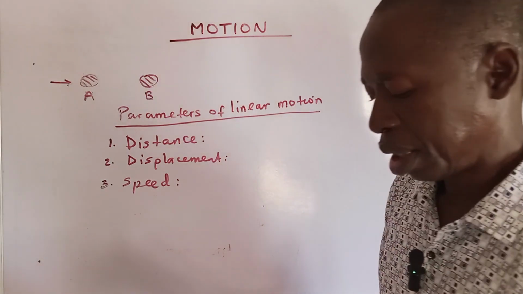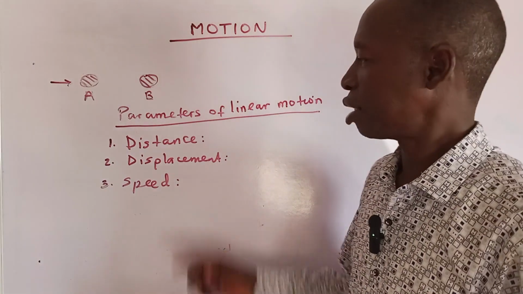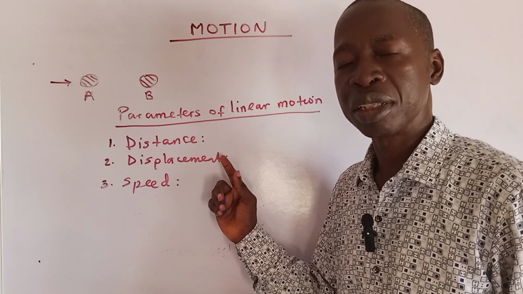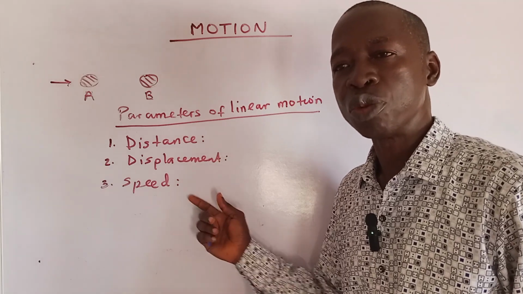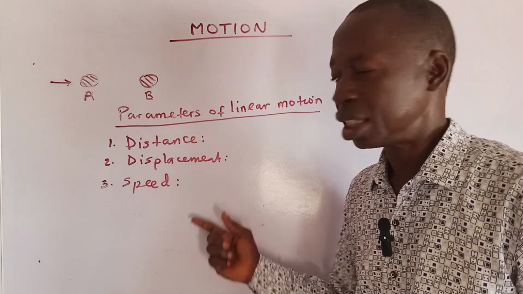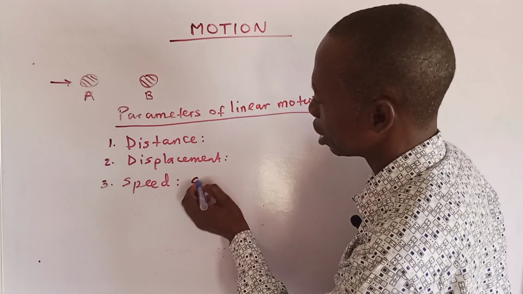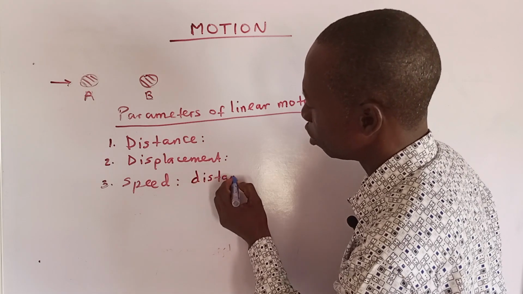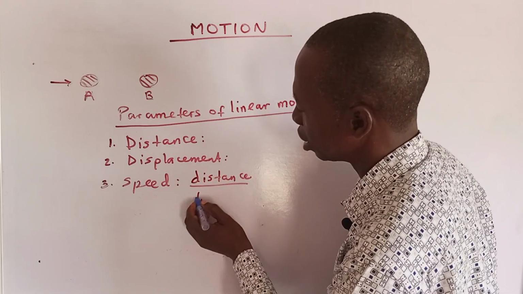What is speed? When we divide the distance between 2 points by the time taken to move from one point to the other, we talk about speed. So speed is distance moved or covered over time.